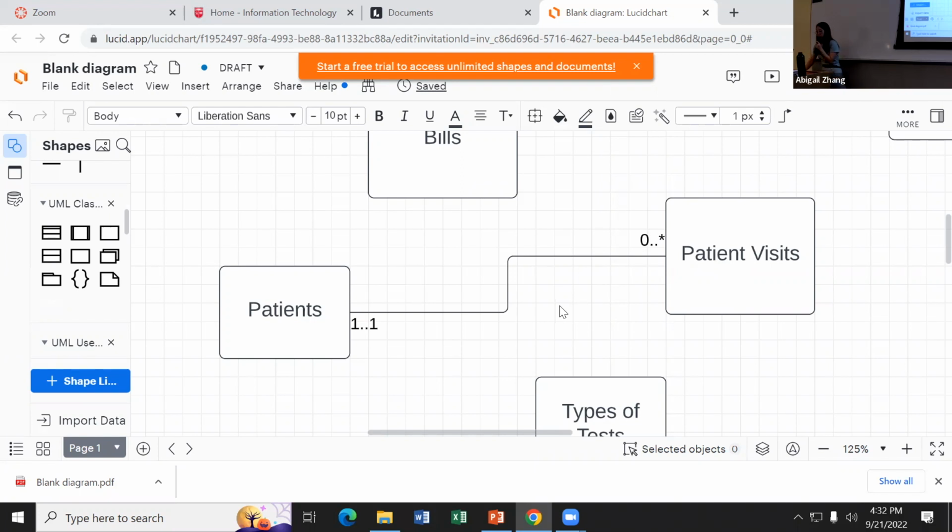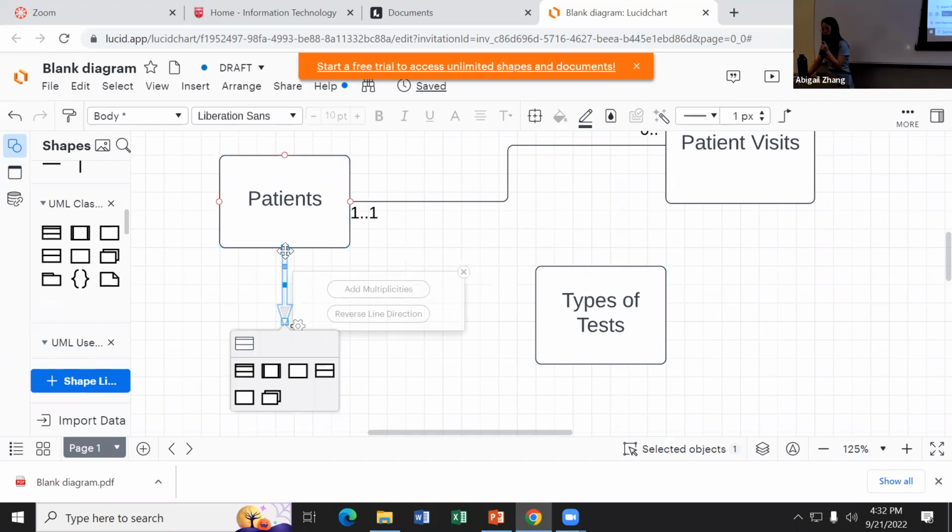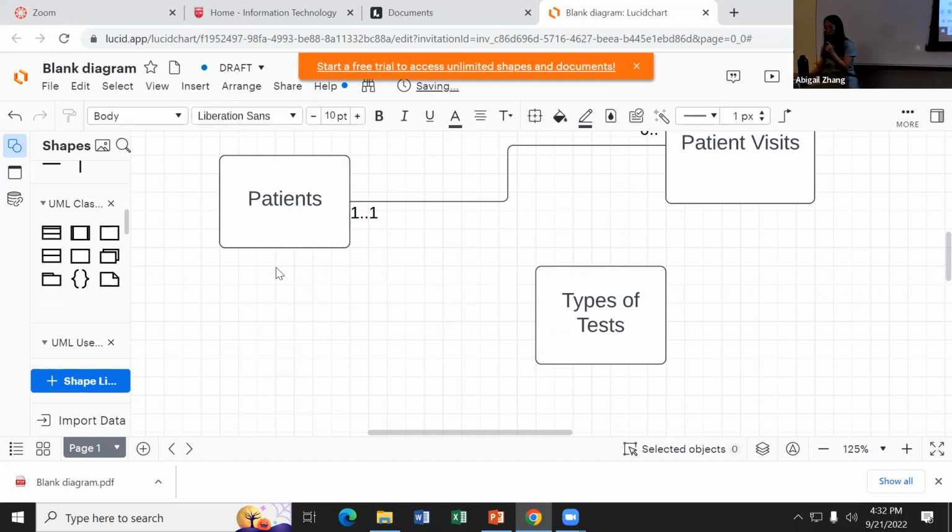Now let's look at the types of tests. My question is, should we establish a link between patients and tests?